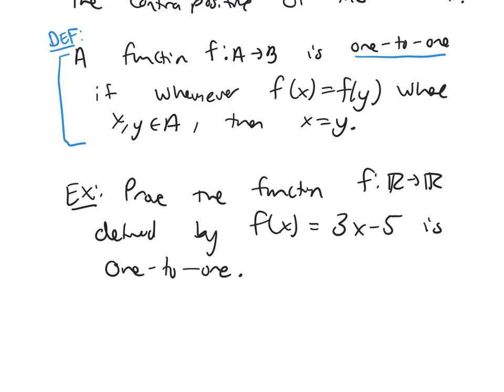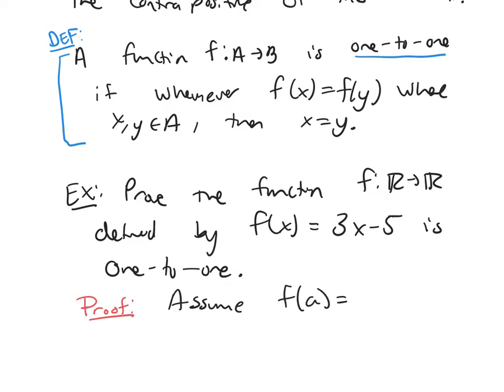So when we write our proof here, we're going to start by supposing that f, here I'm not going to go with x and y, I'll go with a and b.